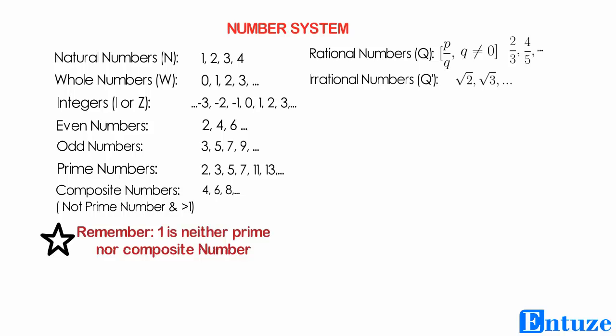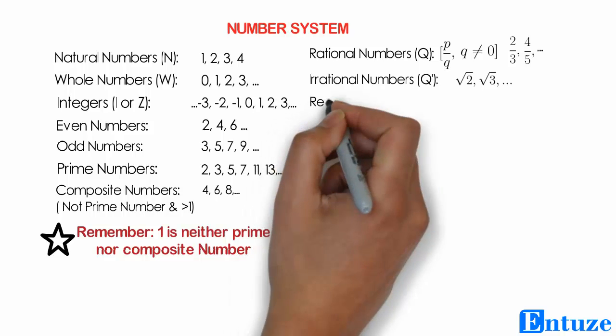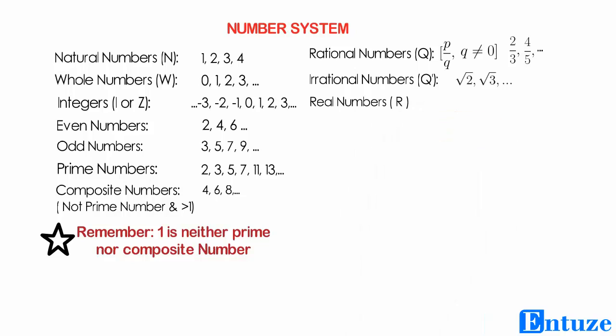Next type of numbers is real numbers, which is a combination of both rational and irrational numbers. Rational numbers we generally represent with Q and irrational numbers with Q dash. That is, the numbers which are not rational numbers are called irrational numbers, which will be represented as Q dash.